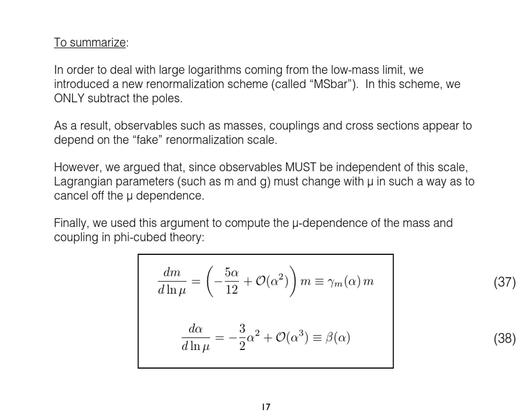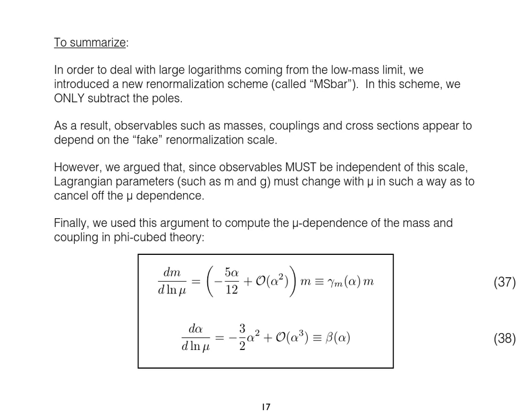All right. Okay. All right. So just to summarize that whole thing, okay? So we were trying to deal with these large logarithms that we had from the virtual corrections. We saw that they were partially canceled from the real corrections, but not completely. And so we had to go back and review our approach. And so what we tried was to just cancel the poles when you renormalize, and that's called the MS bar scheme.